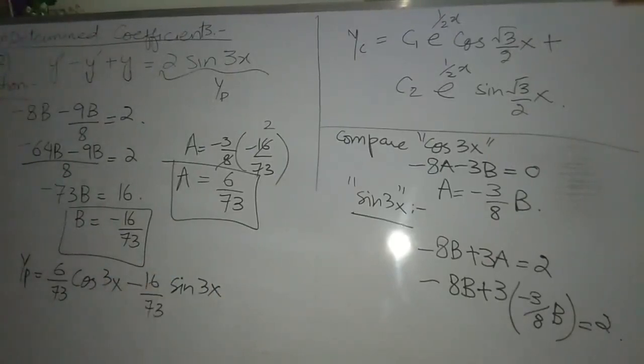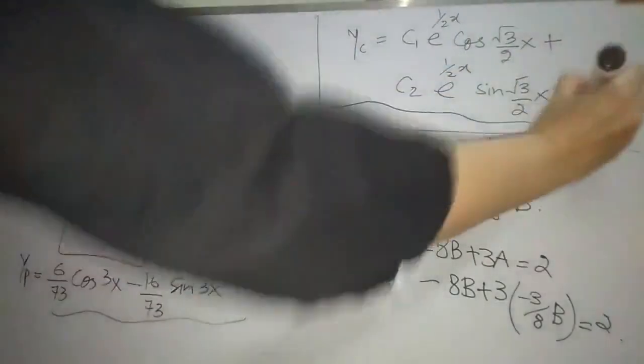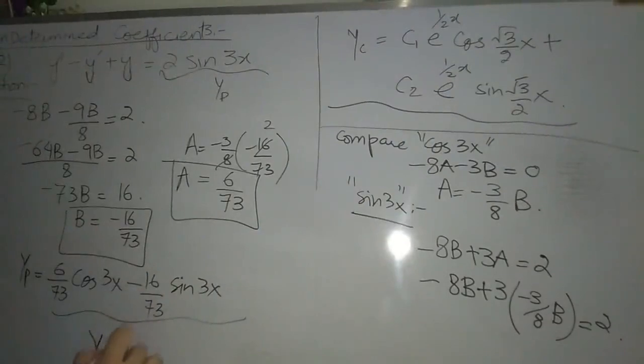So the general solution is you have to add this yp, whole yp, and yc. So that is the general solution of this non-homogeneous differential equation. This is the answer. So I hope that you understand.